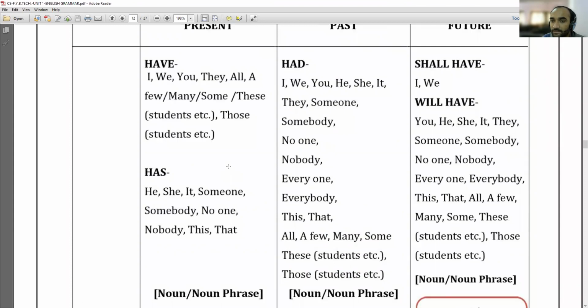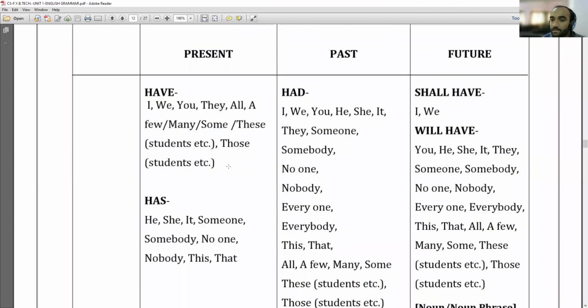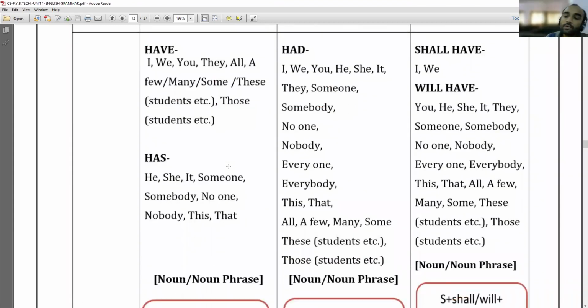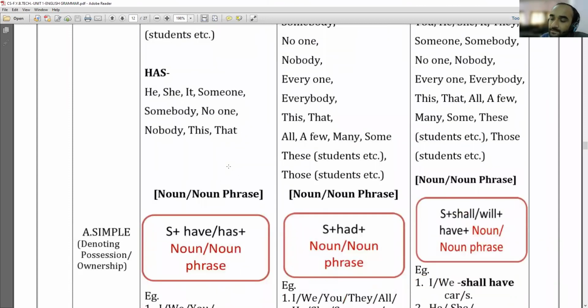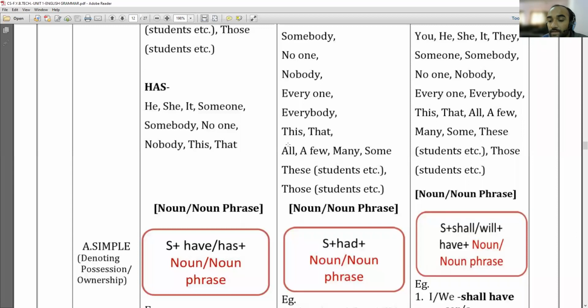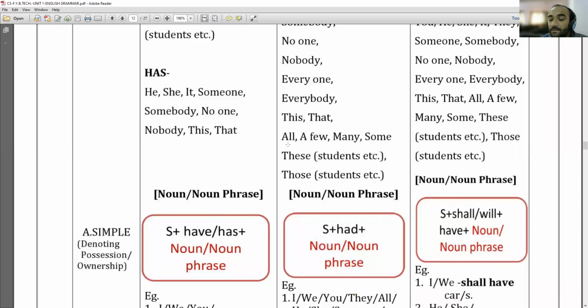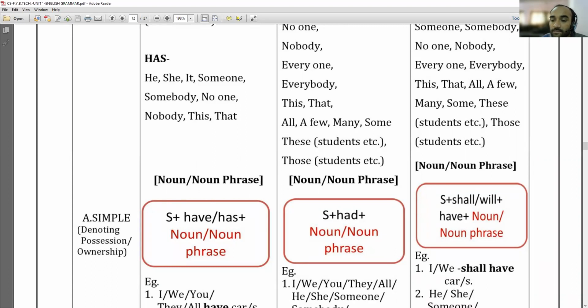Talking about the possession or ownership in the future, when we are going to form the sentences of ownership or possession in the future. Okay, in the future, that might be our assumptions. But for showing them, we have to use subject plus shall have or will have plus noun or noun phrase.